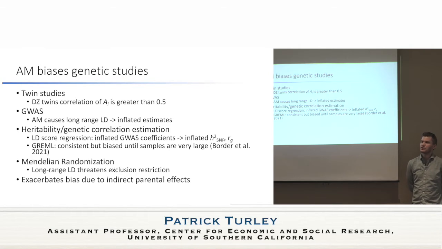if people are sorting on the phenotype that we're studying, then I think all of the beta coefficients are inflated by a proportionate amount. I haven't proven this, but this is the intuition that I have. If we just imagine we've multiplied all of the betas by 2, there's still going to be a relationship between the GWAS betas and the LD scores.